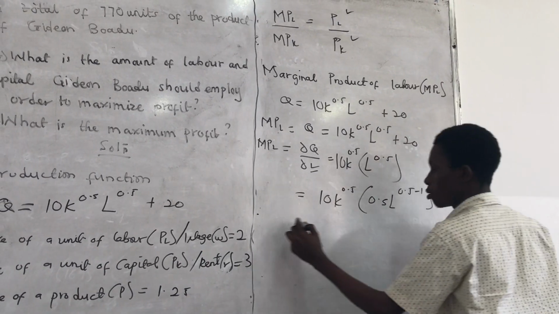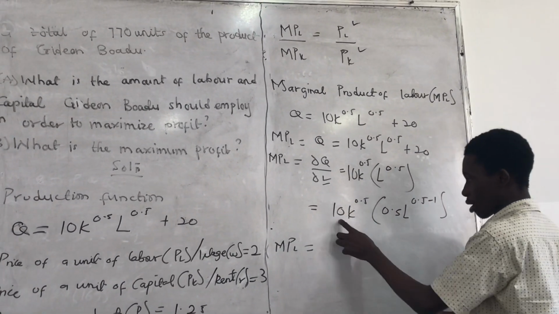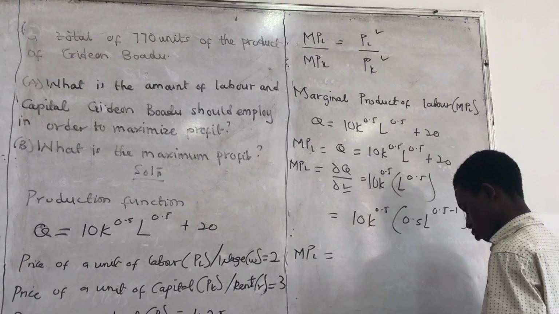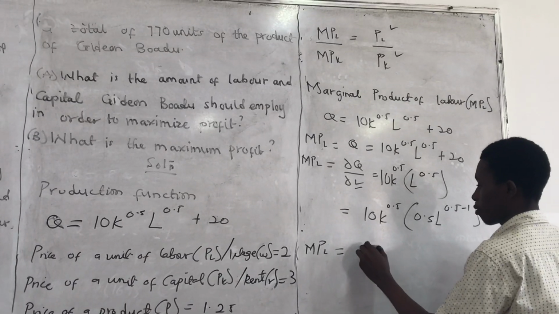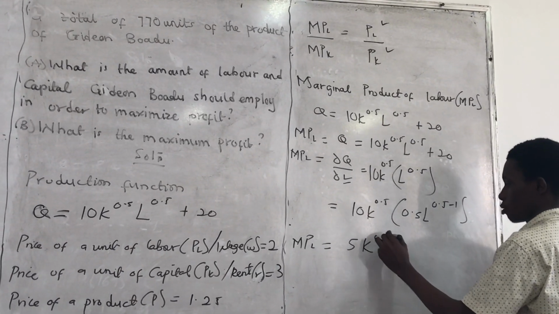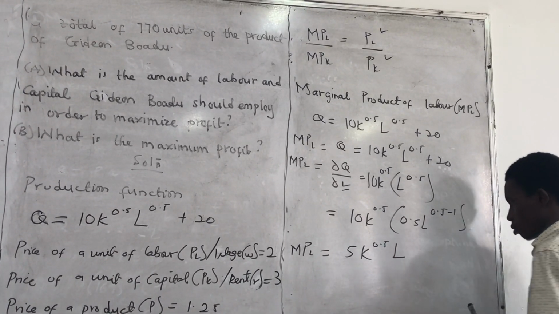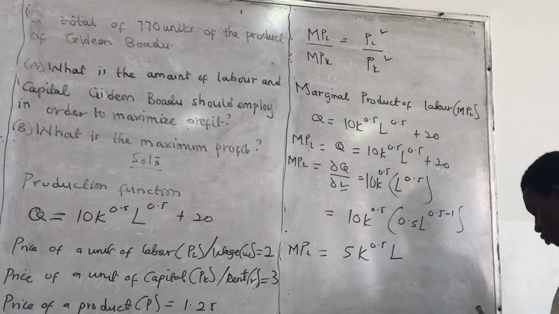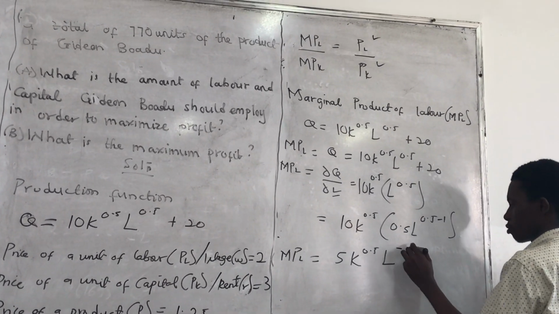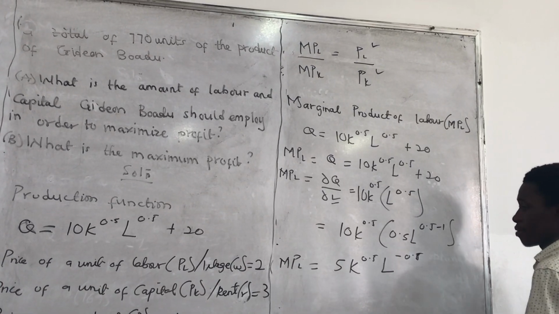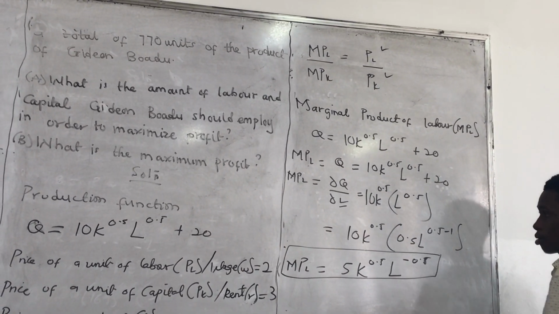We finally have 10 times 0.5, which is 5, so 5K^0.5 L^-0.5, since 0.5 minus 1 is negative 0.5. This becomes our marginal product of labor.